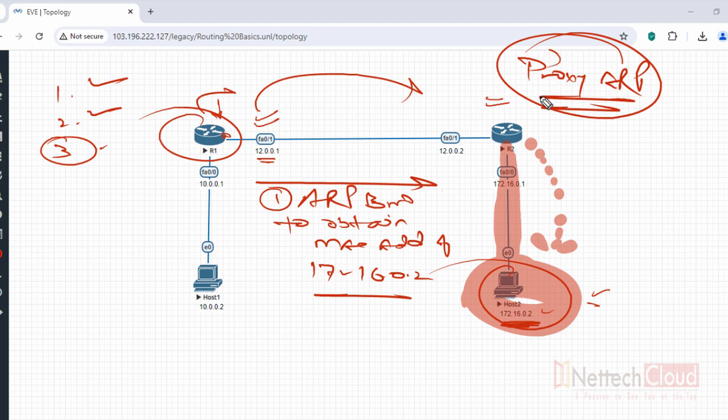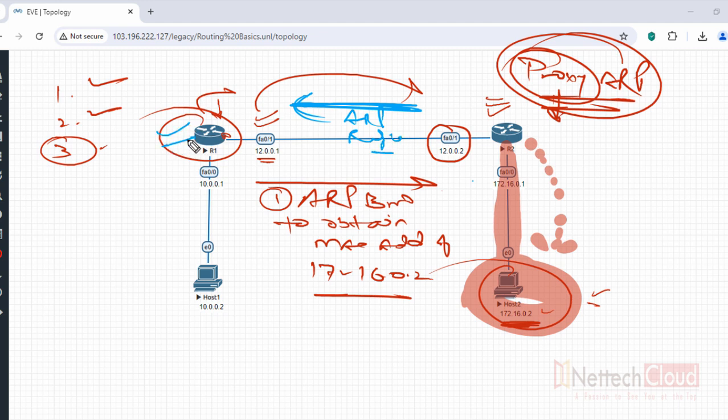So proxy means acting on behalf of others, right? Proxy ARP means if proxy ARP is enabled, then R2 may respond with its external interface MAC address as an ARP reply message. So R2 will reply to the ARP broadcast message, telling R1 that the MAC address of 172.16.0.2 is whatever the MAC address of F0/1 would be.